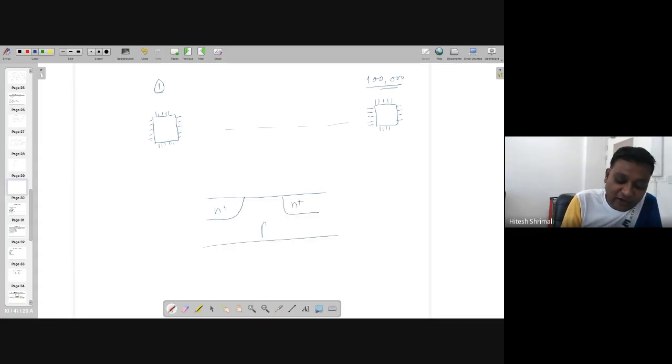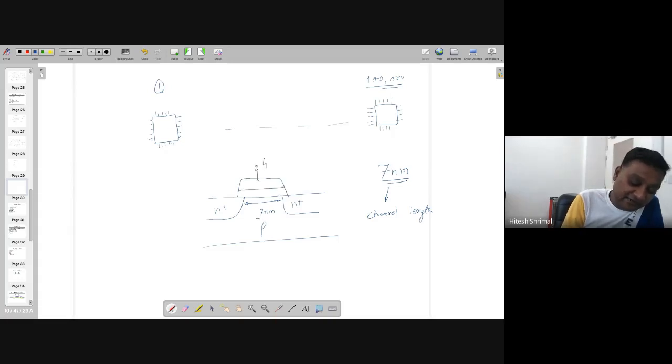Note that what we are talking about is, let's say, for the latest technology, 7 nanometer. When we say the technology node is 7 nanometer, we are referring to the channel length only, not the width. I wanted to have 7 nanometer, but as you know, exactly that is not possible.